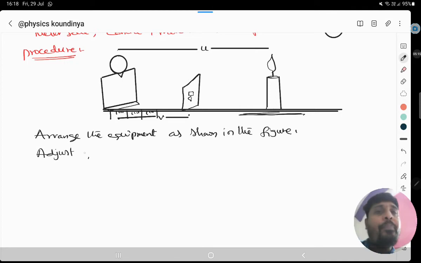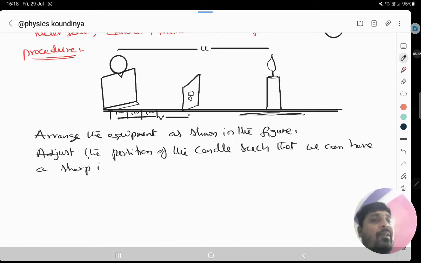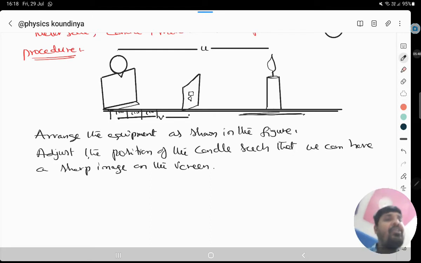Adjust the position of the candle such that we can have a sharp image on the screen.